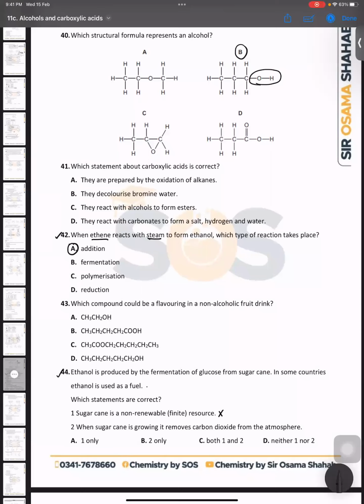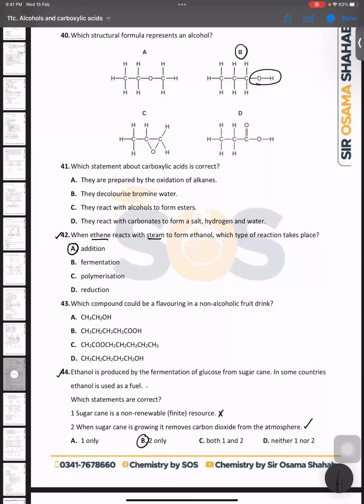This is wrong. When sugarcane is growing, it removes carbon dioxide from the atmosphere. It is something good. Whenever any plant is growing in the field, it carries out the photosynthesis process, so definitely it will decrease the carbon dioxide in the atmosphere. So which statements are correct? 2 only. Right, children?